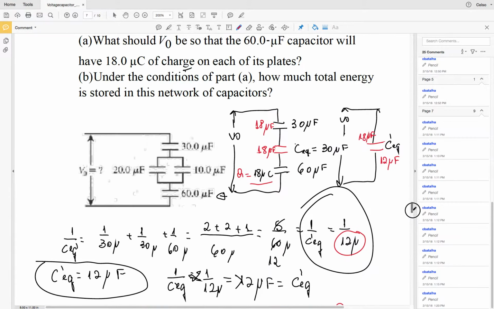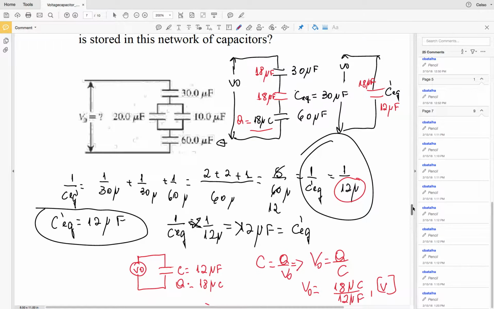The charges in these capacitors are not the same, but when you add those two charges, you have to get 18 microcoulombs.